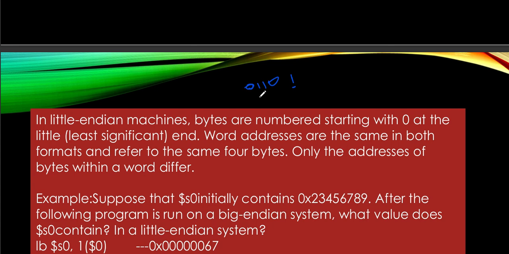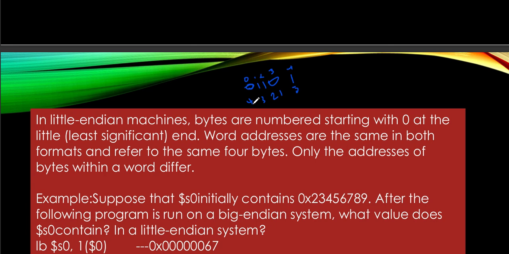So Big-endian will label this as bit 0, this as bit 1, this as bit 2, this as bit 3, and this as bit 4. Little-endian will do the opposite. It will label this as bit 0, bit 1, bit 2, bit 3, bit 4.